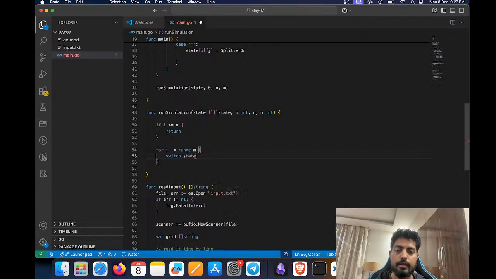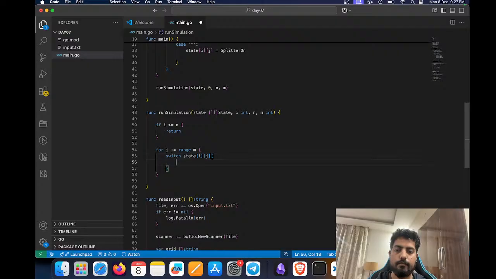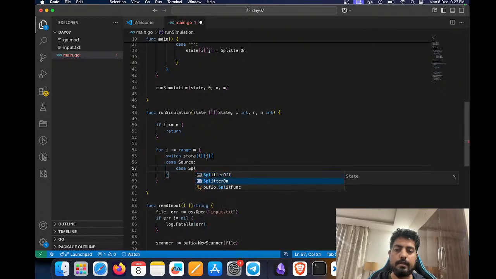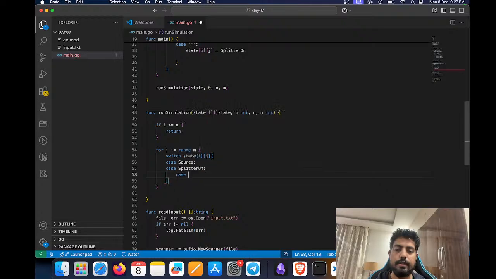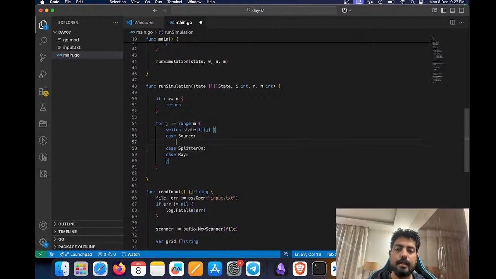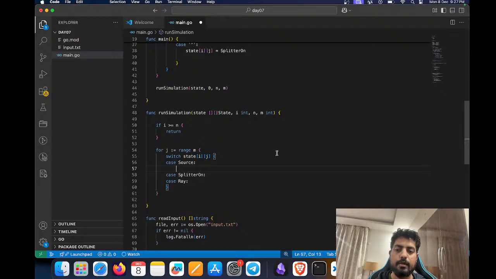So if state i j is source, if it is splitter on, if it is a ray, these are the things that we are concerned about.